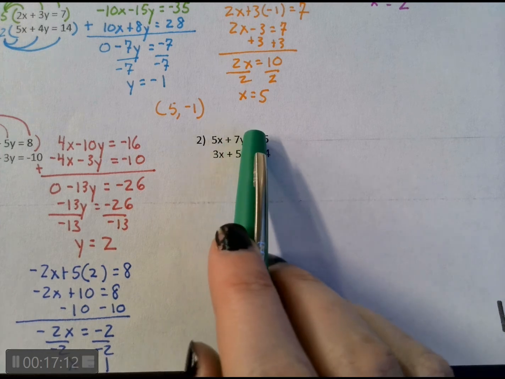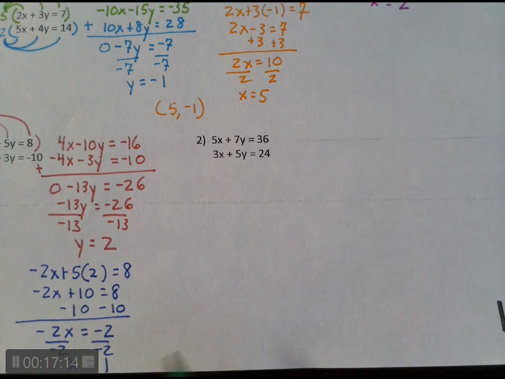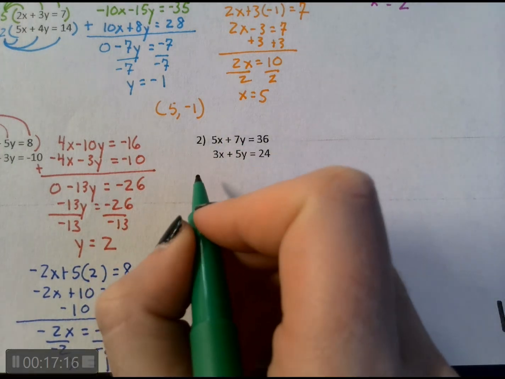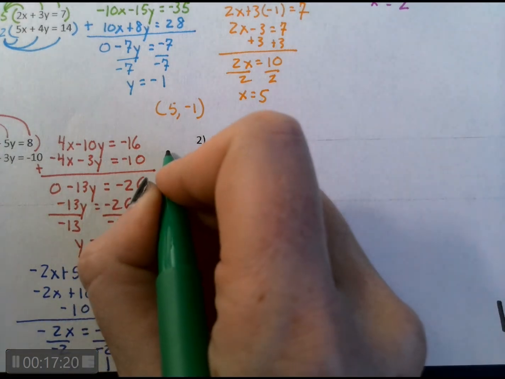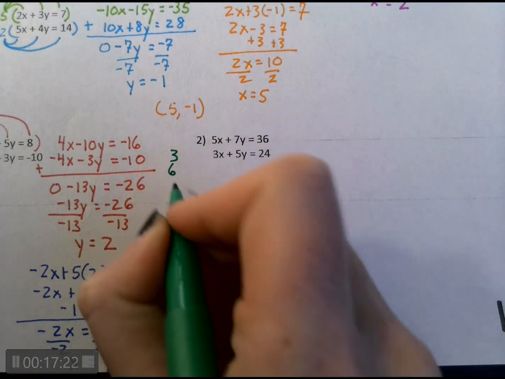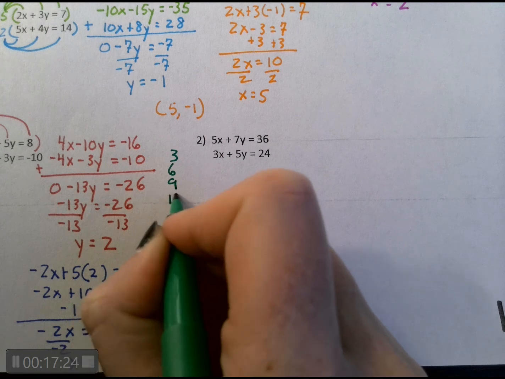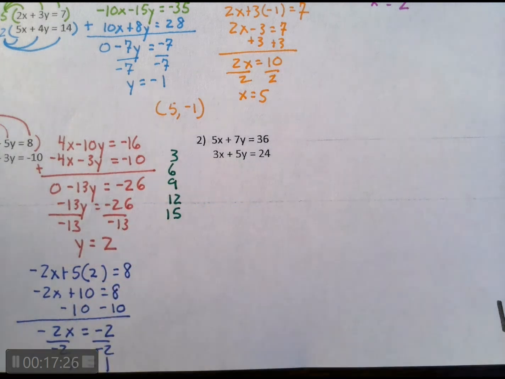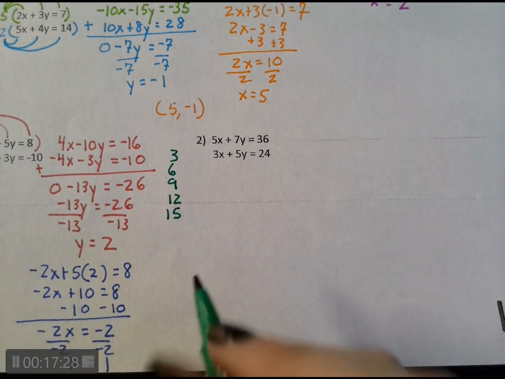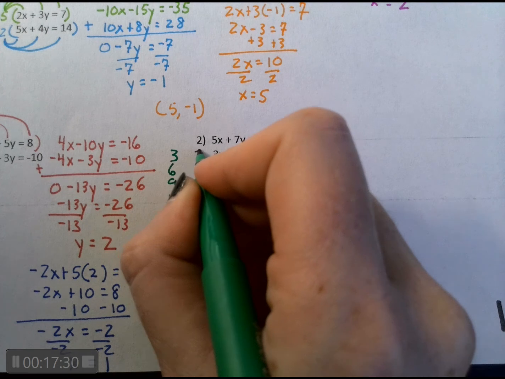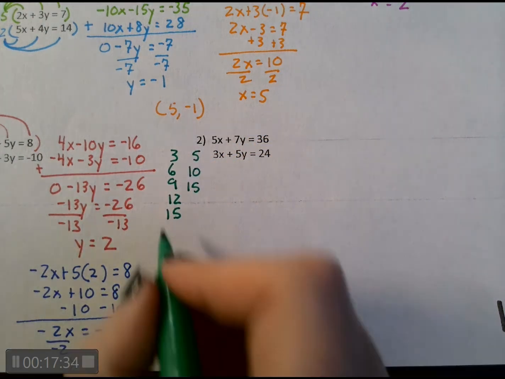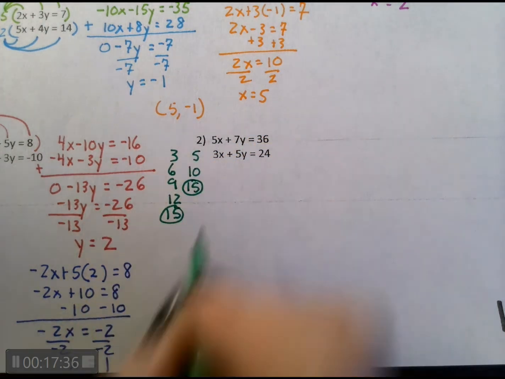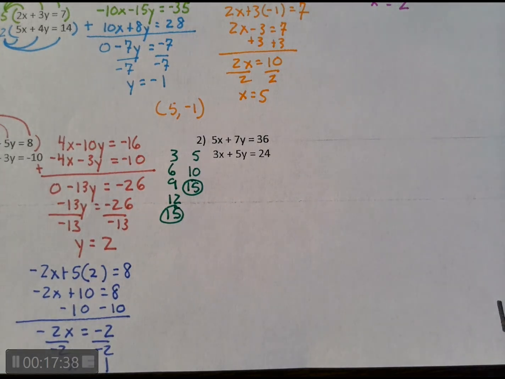Okay? So, an easy way to do this is to list out your multiples of 3. So we have 3, 6, 9, 12, 15. And I'm just going to stop there. And then for 5, we have 5, 10, 15. Oh, here we go. We have 15s.